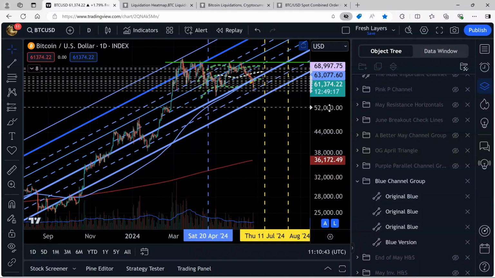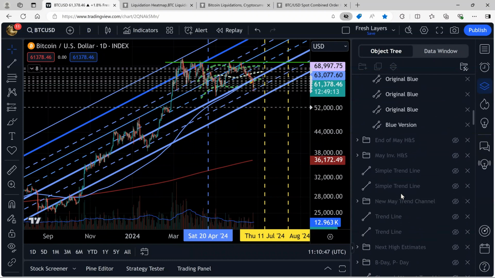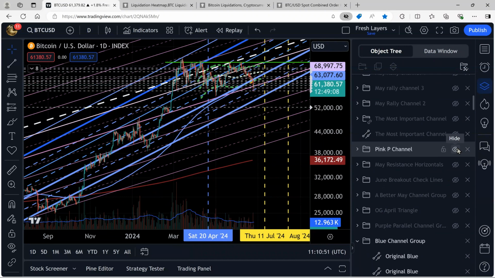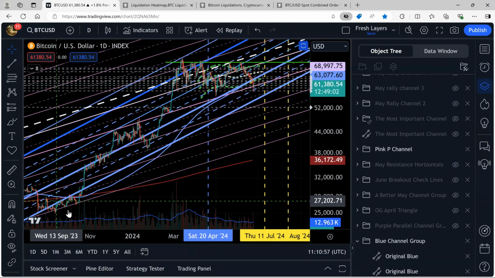Actually, for this price action, let me turn on the pink parallel channels. See, they capture this price action a little bit better. It's a different group of channels that we're working with here.